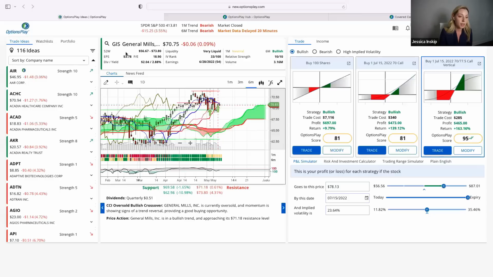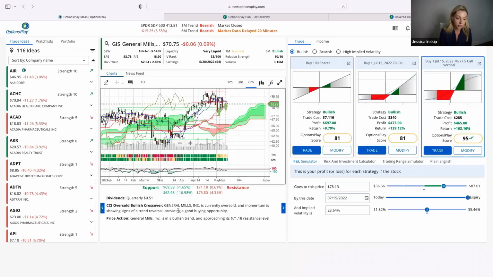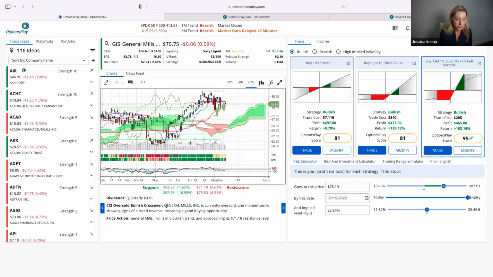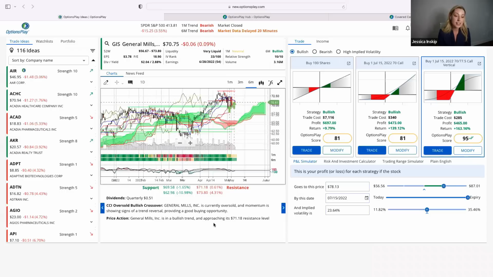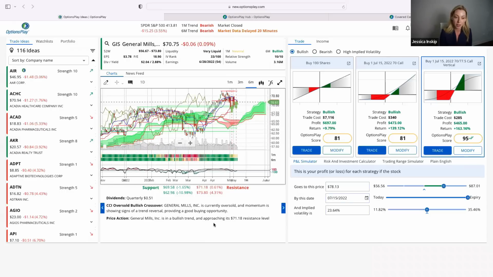So GIS is here. I'm looking for something with bullish potential. So that's number one. This chart here makes it easy on you. I didn't plot these. These are automatic here. I added a couple of other indicators and things like that. However, nonetheless, OptionsPlay does the work for you and does some smart text to actually indicate that this is perhaps a buying opportunity.